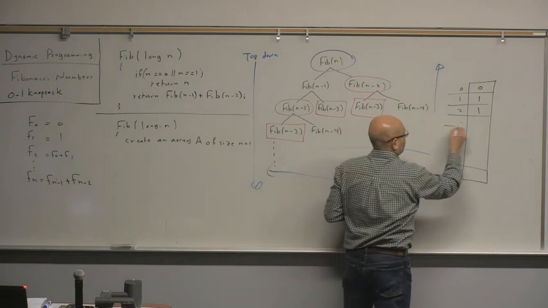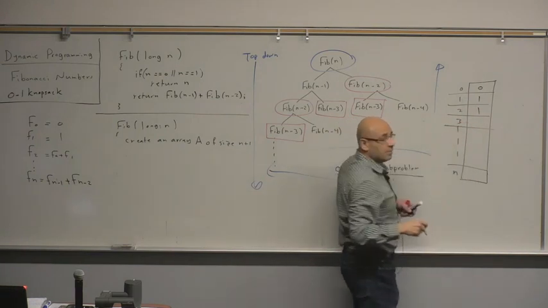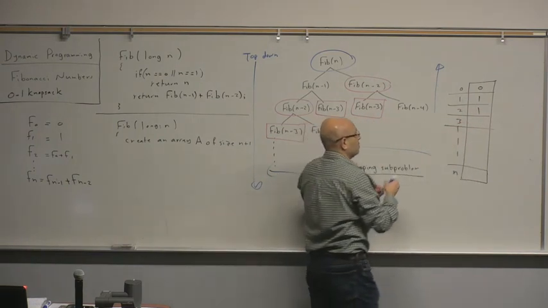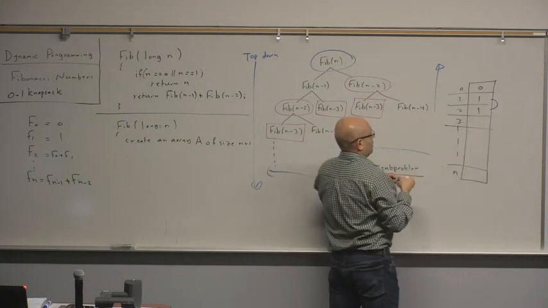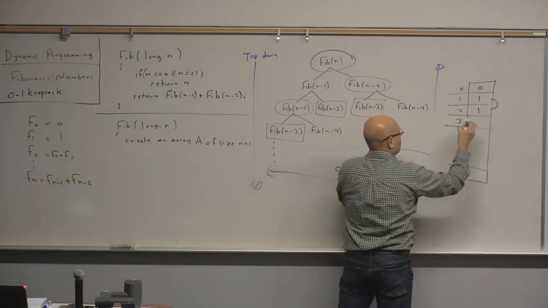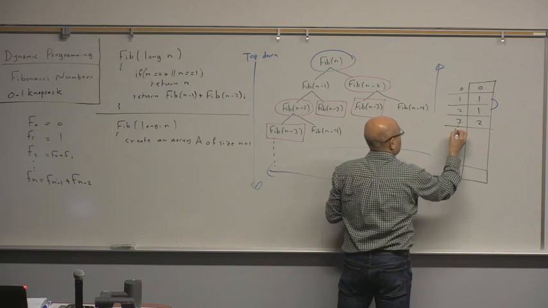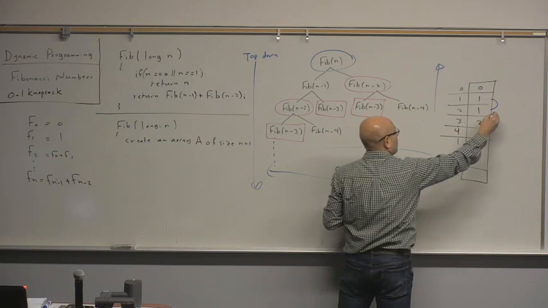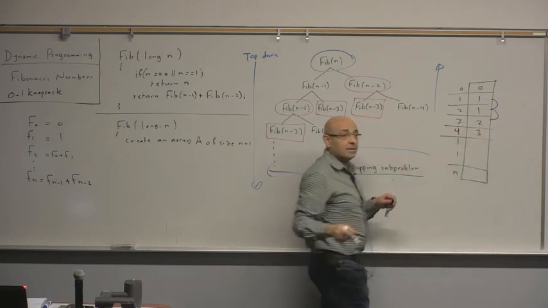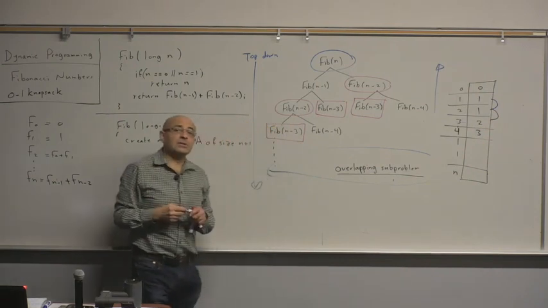Then this subproblem is the sum of the solutions to 1 and 2. And that gives us 2. And for 4, we just add 1 and 2 and get 3. So this looks easy.